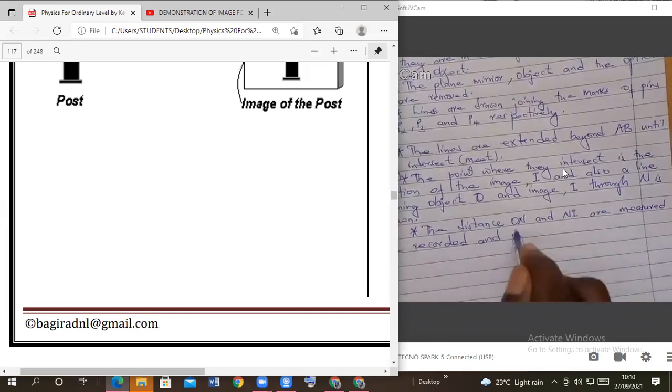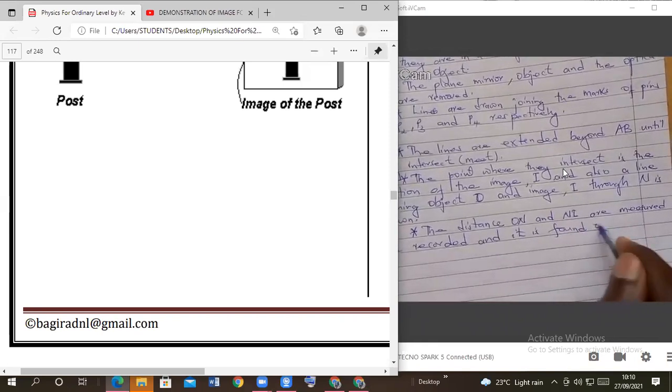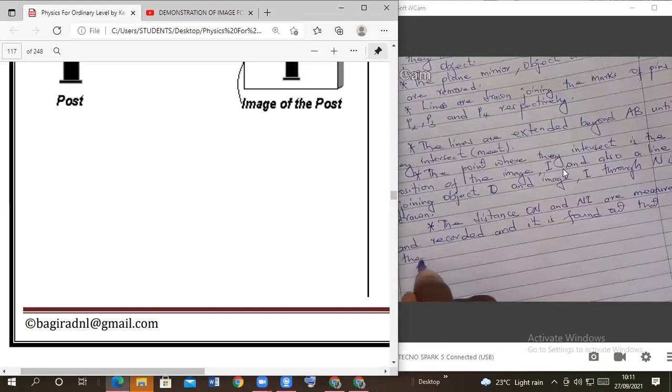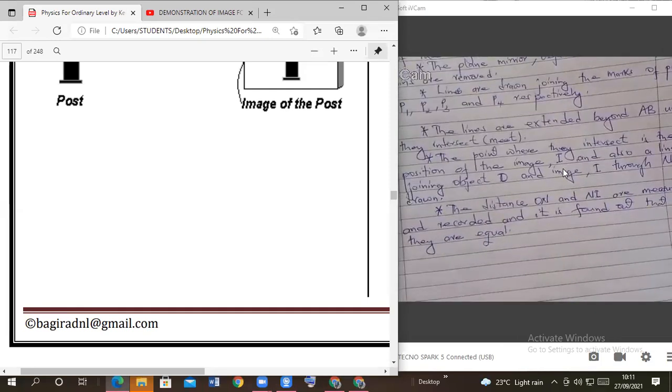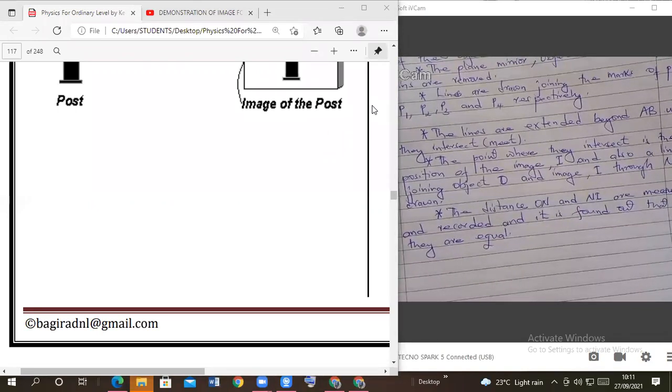And it is found out that they are equal. Now after that, you conclude your experiment.